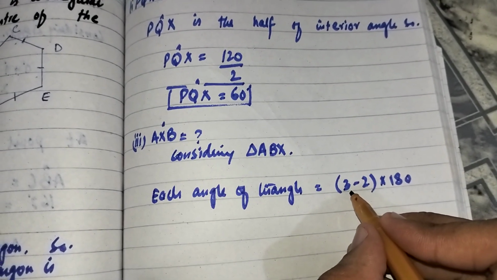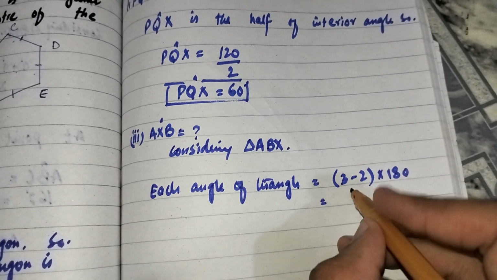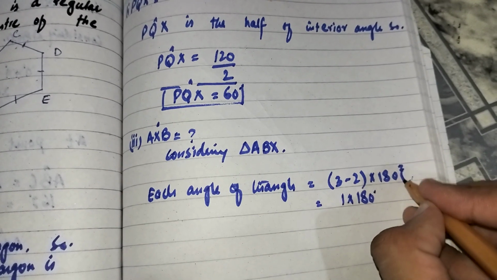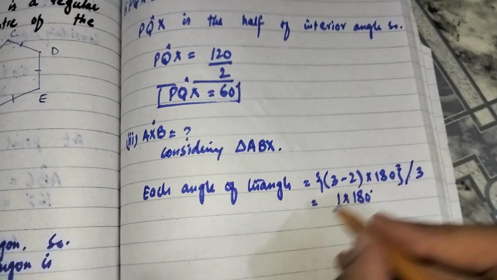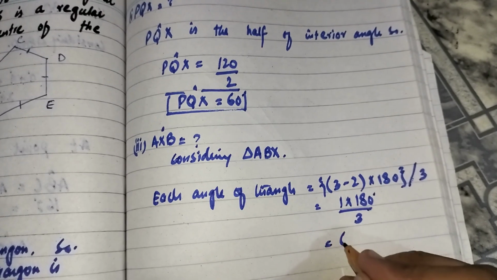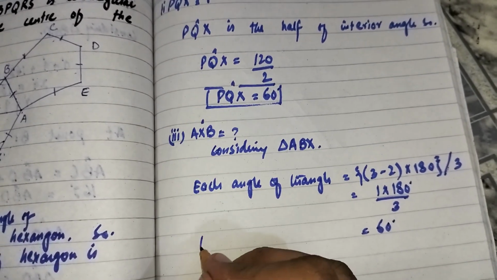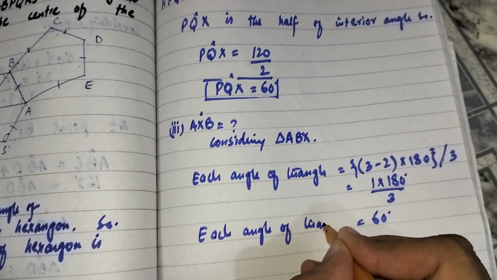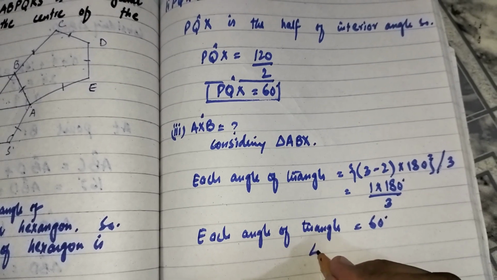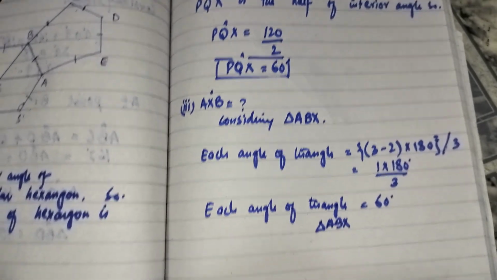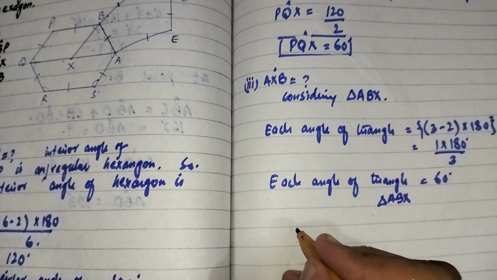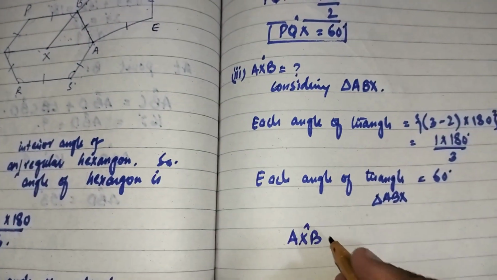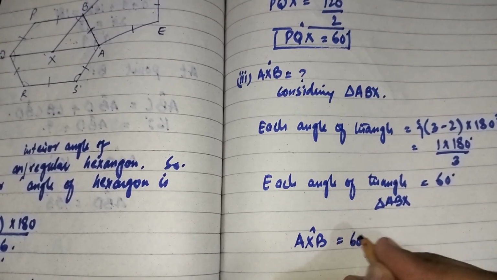This is the value of n, because in a triangle there are 3 sides. 3 minus 2 is 1. 1 multiplied by 180 is 180 divided by 3. So it means that each angle of triangle ABX is of 60 degree. So AXB is an angle of a triangle, so it is equal to 60 degree.